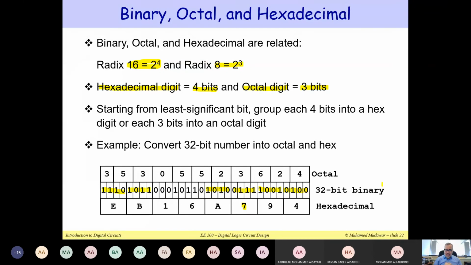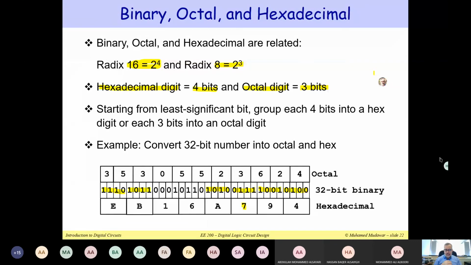So to avoid these mistakes, hexadecimal and octal were invented for convenience because they are similar to binary. It's very convenient and very easy. That's how you can deal with hexadecimal and octal.